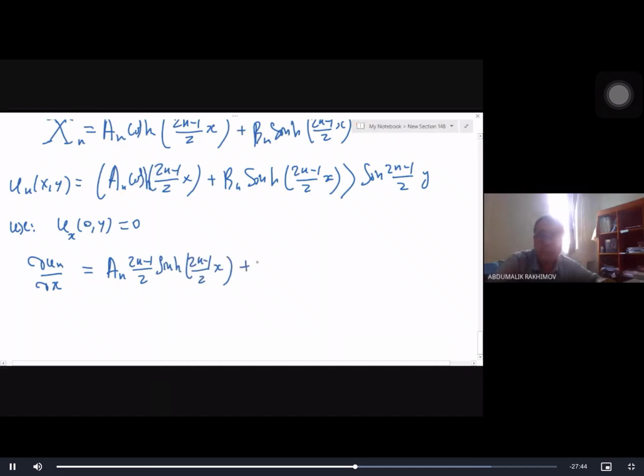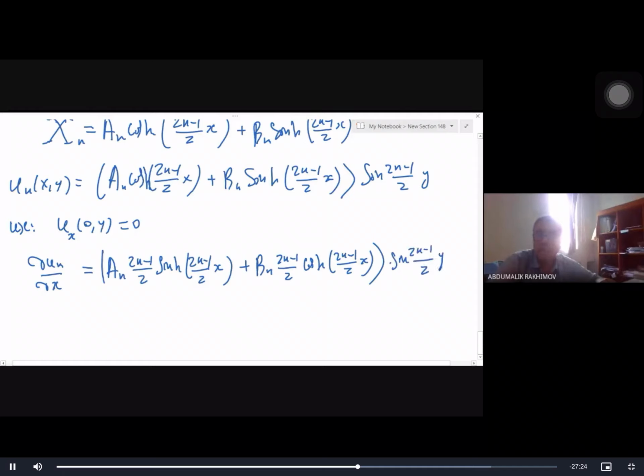The second term will be bn times 2n minus 1 over 2, cosine hyperbolic 2n minus 1 over 2 x, right? Times sine 2n minus 1 over 2 y.